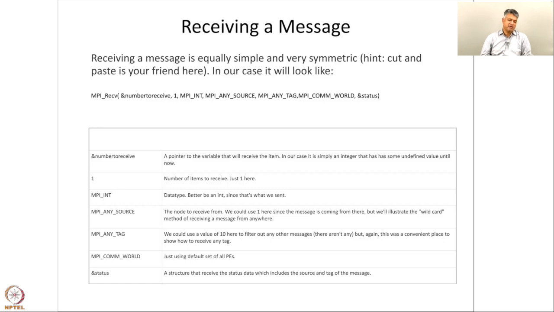Or I could just say I don't care, I can take data with any tag and put it into this address, number to receive. We already discussed what the MPI communication world is. The MPI receive function has one additional parameter, which is the status. It basically tells you the status of the data, which includes the source and the tag of this message.